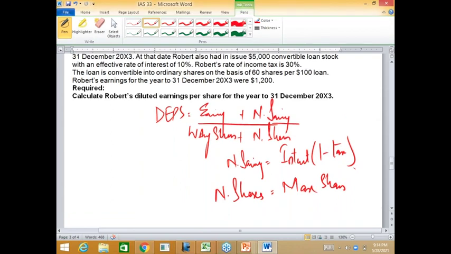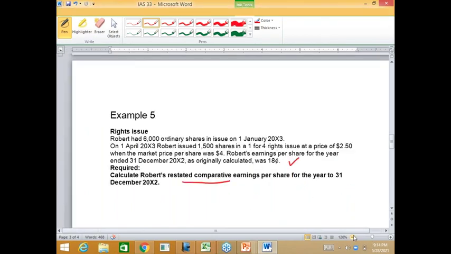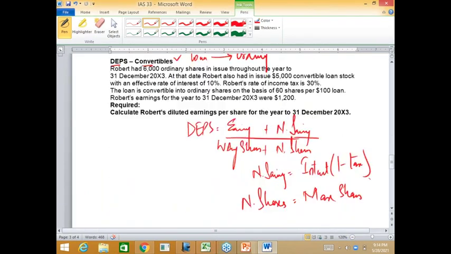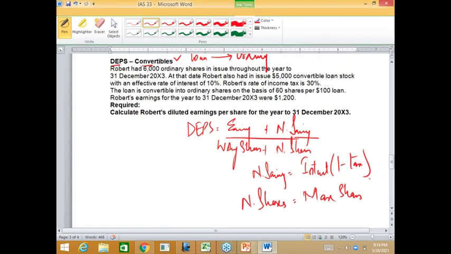I request you guys to calculate the notional savings and notional shares for this question.